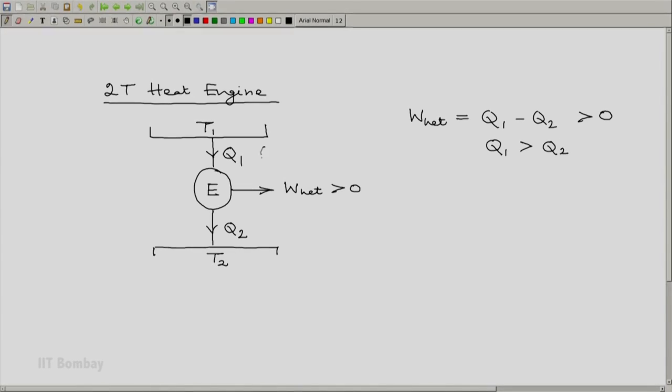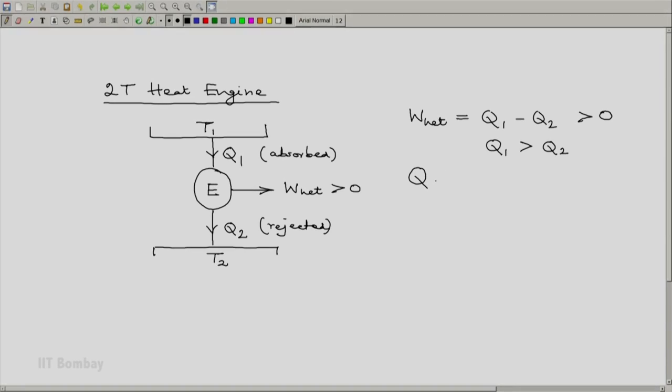This Q1 is the heat absorbed by our system, which is the engine, and this Q2 is the heat rejected by our system to the reservoir at T2, and hence Q1 is greater than Q2 because the difference must be W net, which E being an engine must be greater than 0. What about the efficiency?